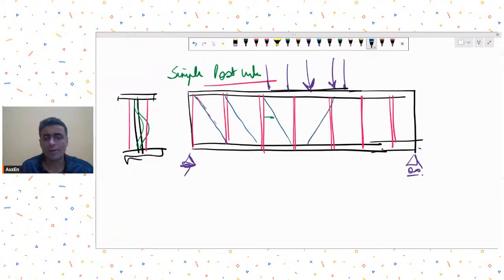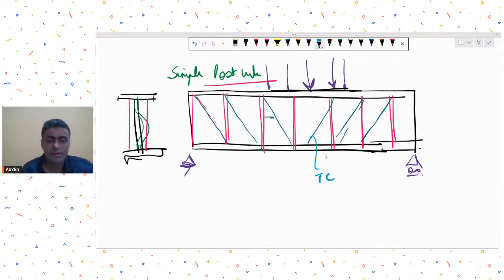What will happen? So these lines that I'm drawing, they will start acting as which type of chords? Tension chord or compression chord? So these chords will start acting as your tension chords.